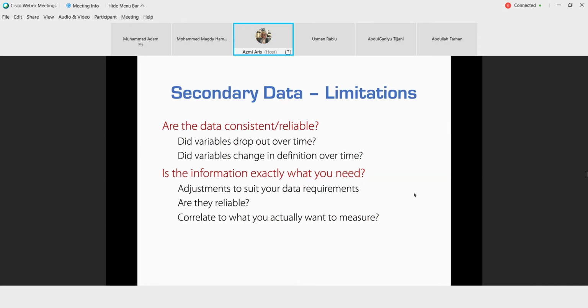If there is no information whether the data is properly controlled or not, it is very important for you to ask them, nicely, of course. Thank you, sir. Okay.